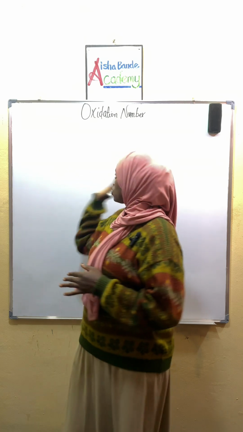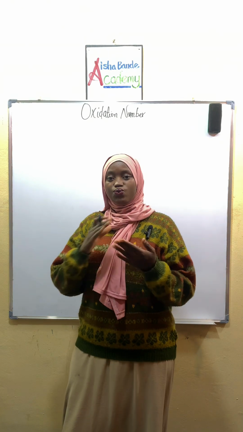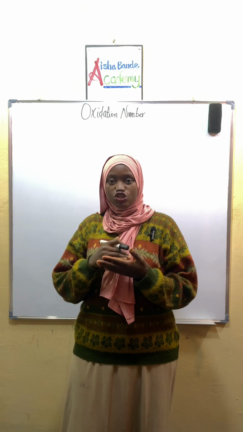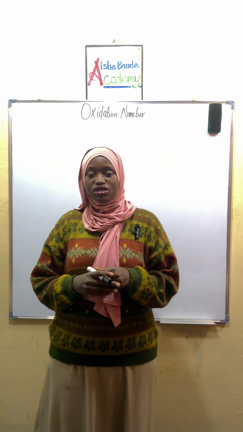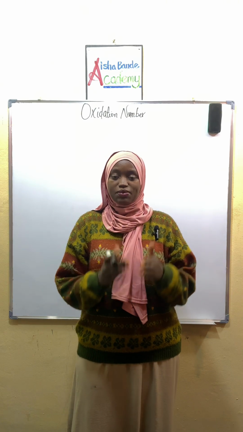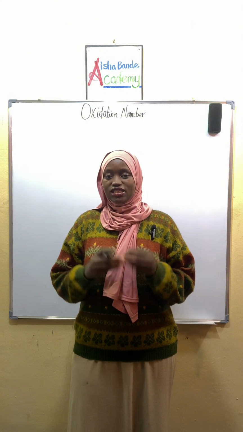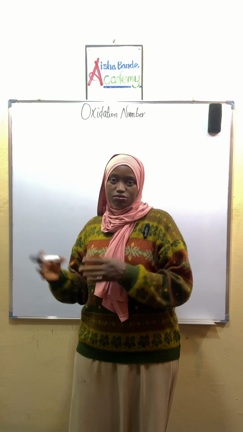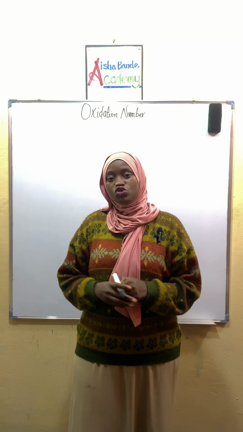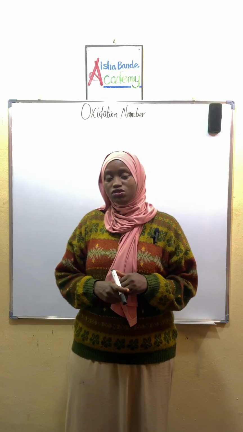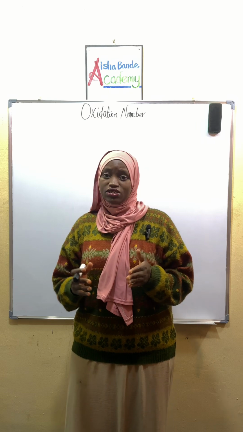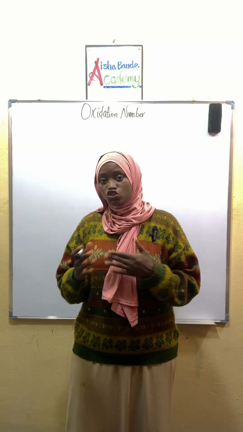Today we shall look at oxidation number. We'll look at the definition of oxidation number and also state and explain about 9 rules governing the use of oxidation number in chemistry. So to begin with the definition, oxidation number is also known as oxidation state.